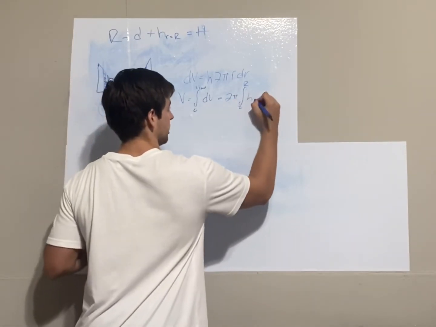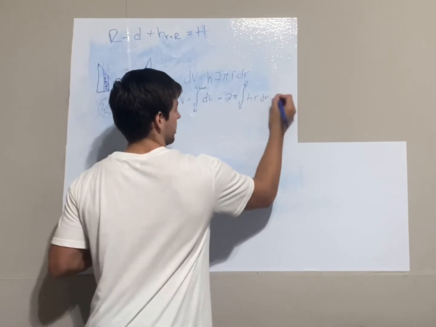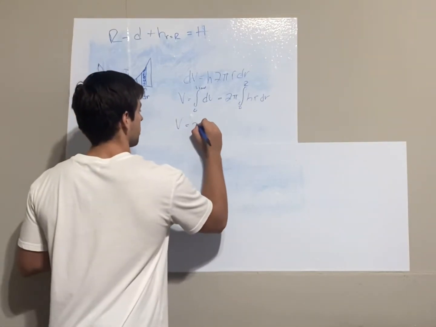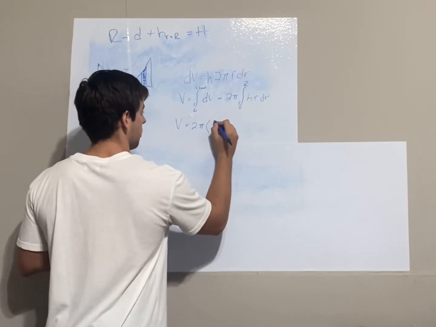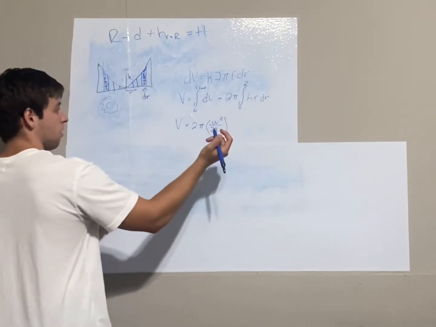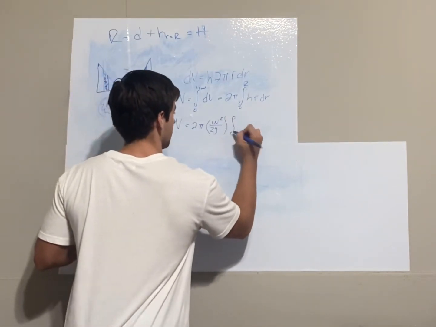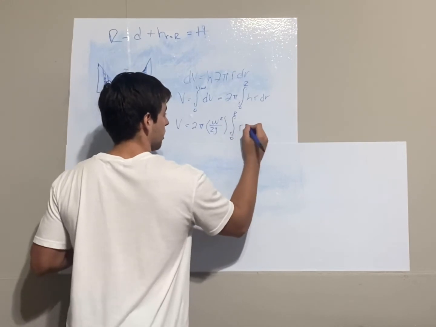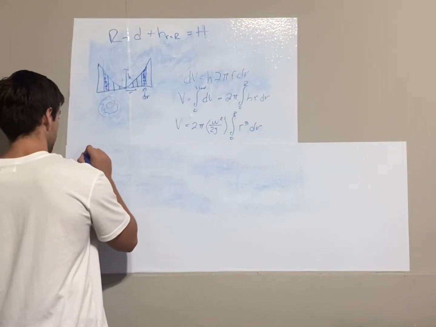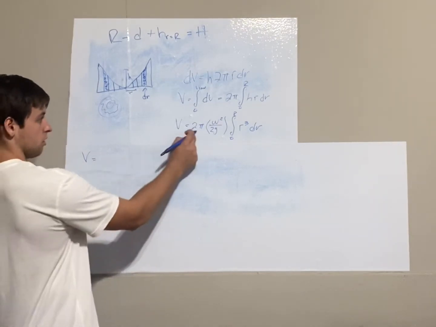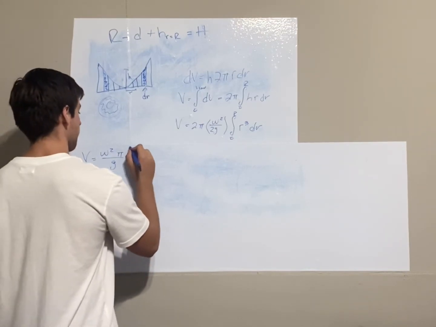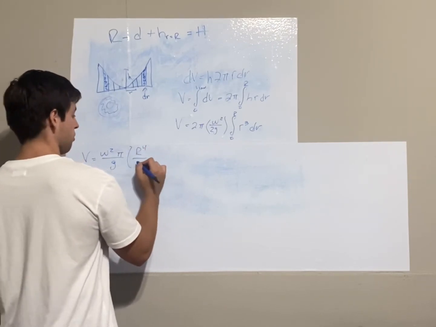We're going to multiply this by the same radius that we use for h, multiply all that by dr. So when we do this and we make some substitutions, we get the volume is equal to 2 pi omega squared over g, or 2g, times the integral from 0 to R of r cubed dr. So once we solve this and we make some cancellations, we get the volume is equal to omega squared times pi over g, all times big R to the 4th over 4.